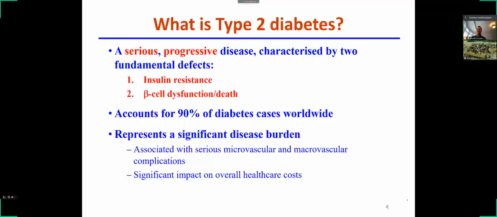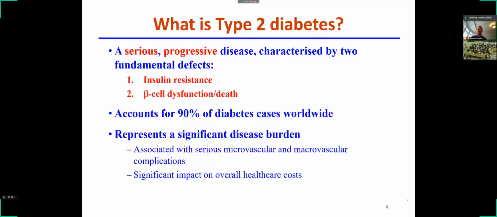Despite the obvious nature of type 2 diabetes, it still represents a significant disease burden for the population. It's a question of cost, numbers, side effects. It's associated with serious microvascular and macrovascular complications, and has a significant impact on overall healthcare costs.